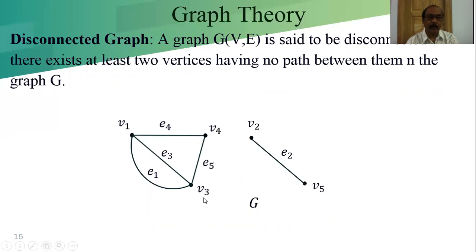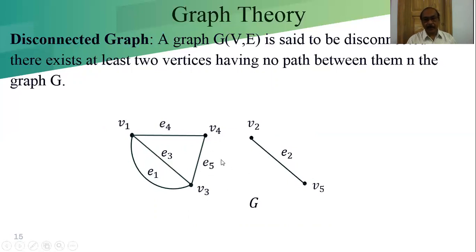Also from V1, V4 and V3 you cannot reach V2 and V5. That means the vertex set in this part of the graph and this part of the graph are not connected by a path. It may be connected this way or that way, but that's why it is known as a disconnected graph.